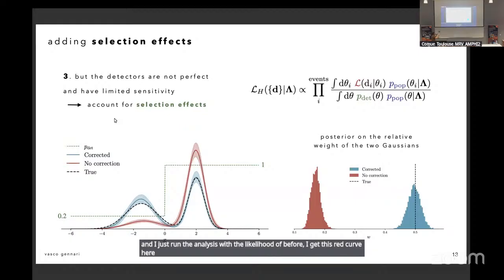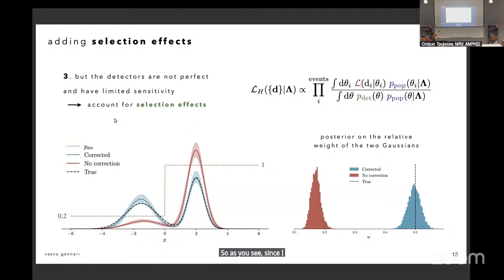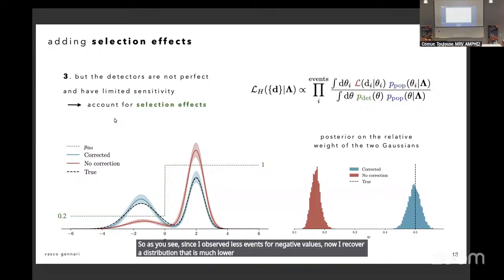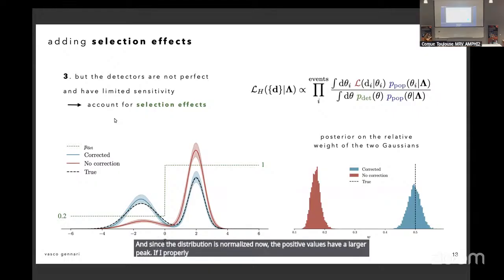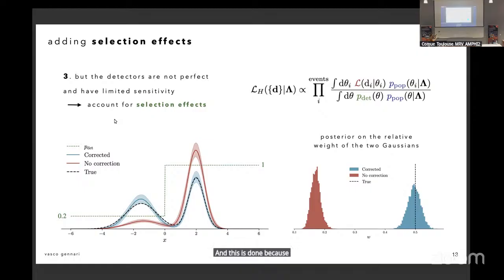So as you see, since I observed fewer events for negative values, now I recover a distribution that is much lower. And since the distribution is normalized, now the positive values have a larger peak. If I properly account for selection effects, then I'm able to recover the correct true distribution. And this is because for positive values, we said that p-det is equal to 1. Therefore, this term is 1.